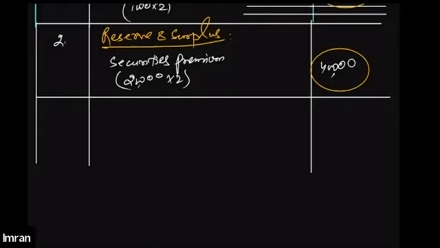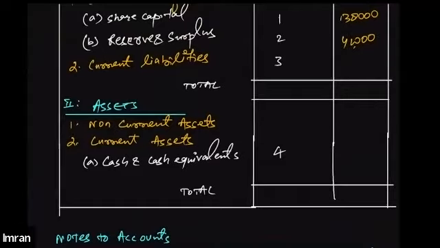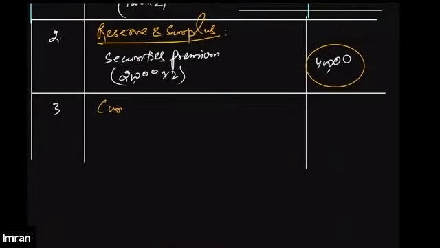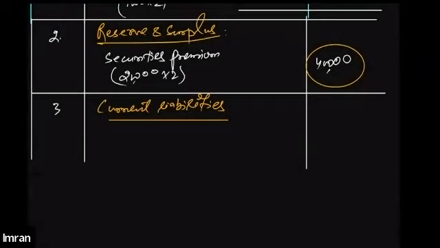Since the call is not yet made and shareholders decided to pay the money, that will fall under the liability. That is a current liability. So we'll write this as other current liabilities. Under other current liability, we'll write down calls in advance.